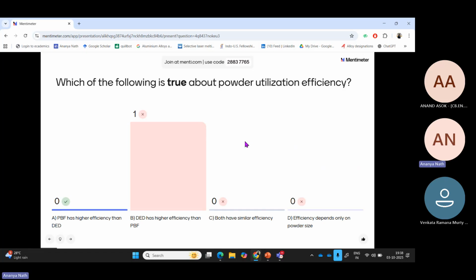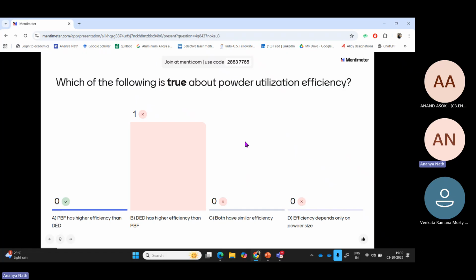No. If you talk about powder utilization, yes, DED is higher in process rate. But in DED there are a lot of wastes, because DED is a powder blown process. The powder is blown away, so a lot of powder will be near the deposition zone, which you cannot reuse.